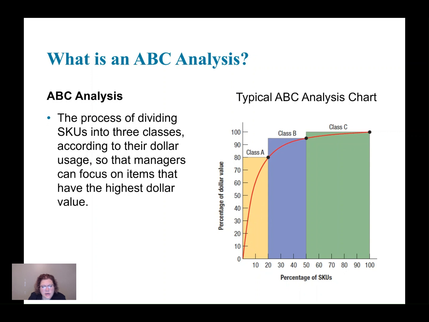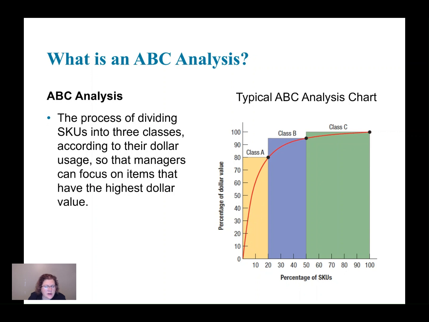Class B items are kind of in the middle. They go up to about 50%, so 20 to 50% of your inventory items. Whereas Class C items are the final 50% of your inventory items. These are the least valuable, and they're also the least important to actively manage.